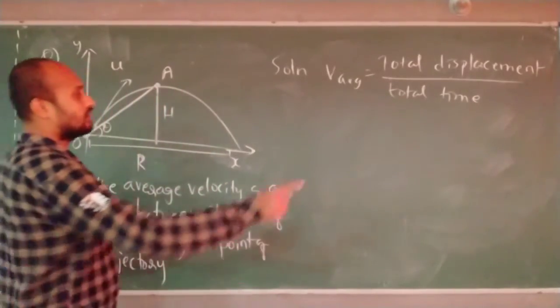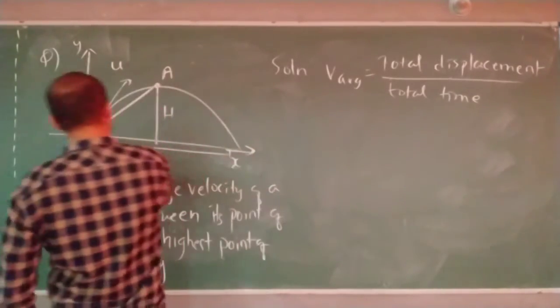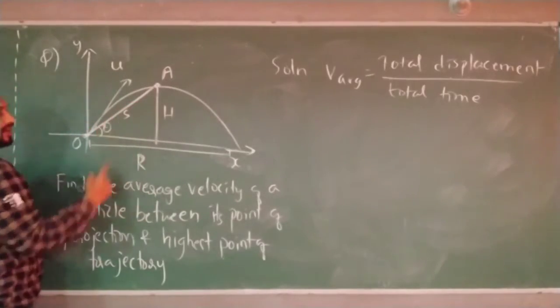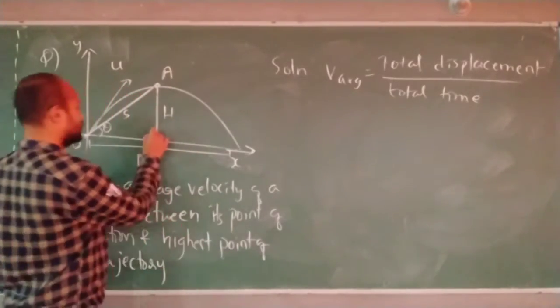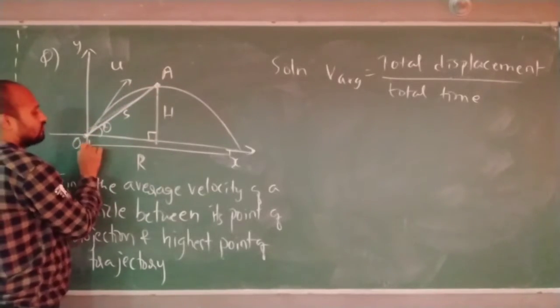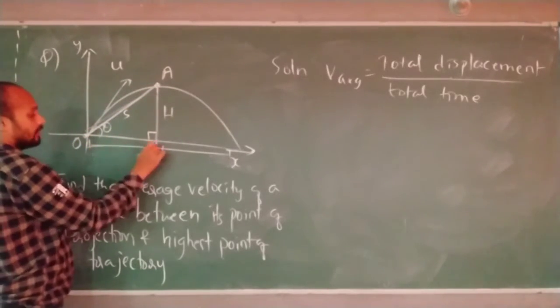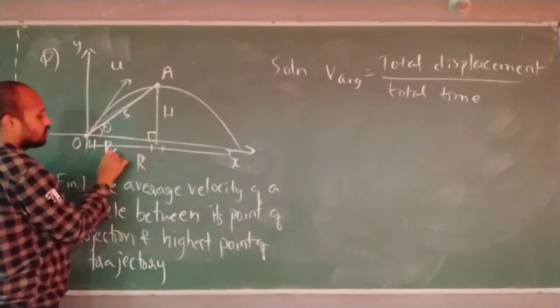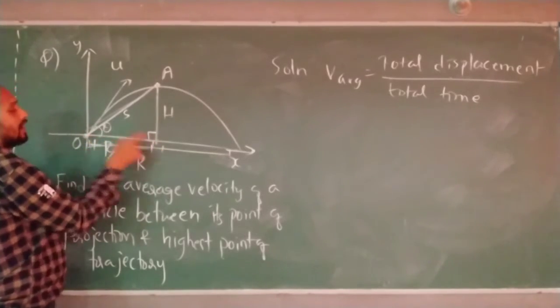So let us find the total displacement. This OA is the total displacement. If I take S here, this is H from this right angle triangle, and this distance will become R by 2.